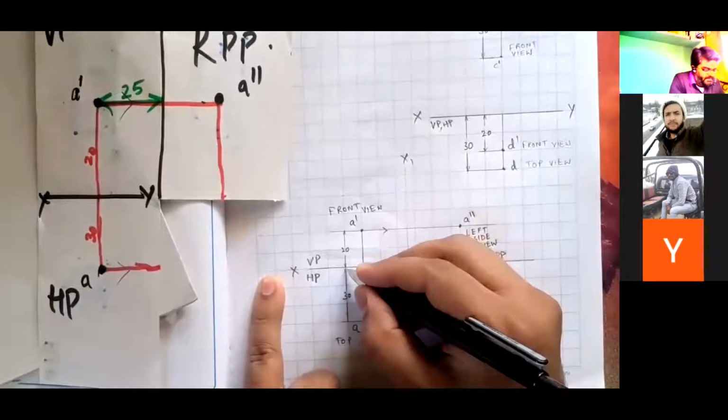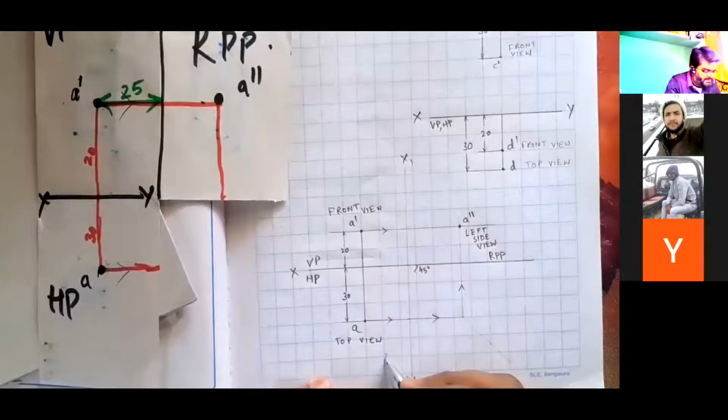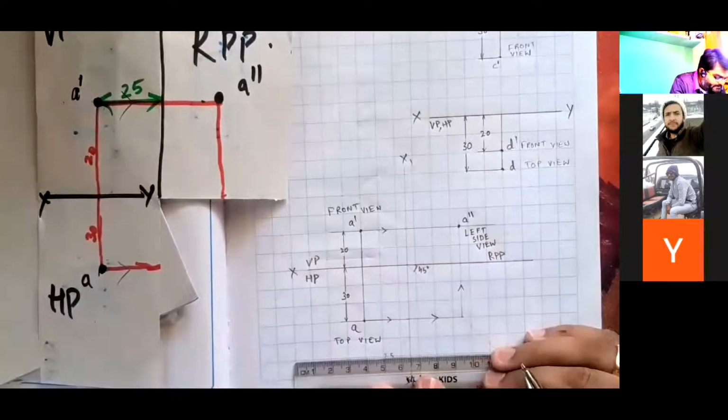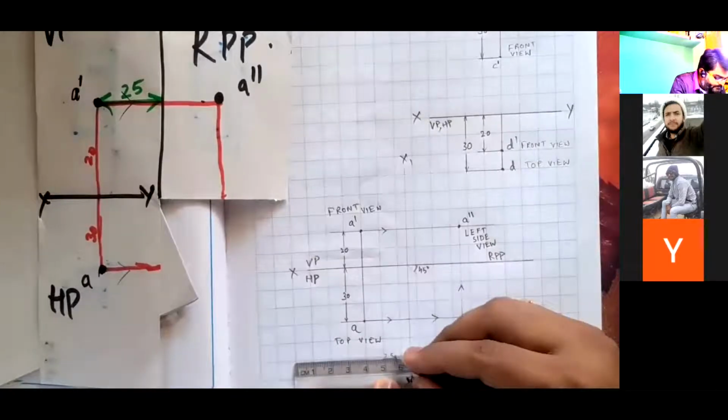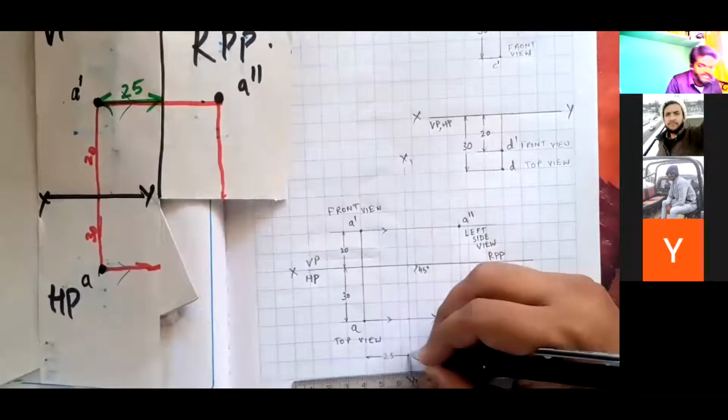And 25 mm I'm going to draw somewhere here. See, 20 and 30 are drawn on the same projector. This is 25.